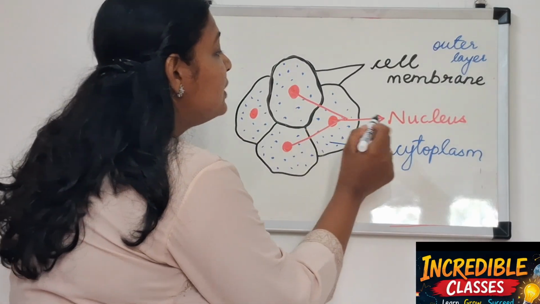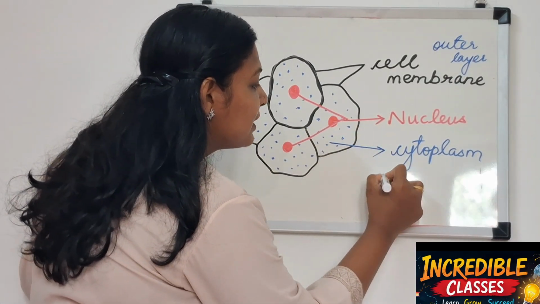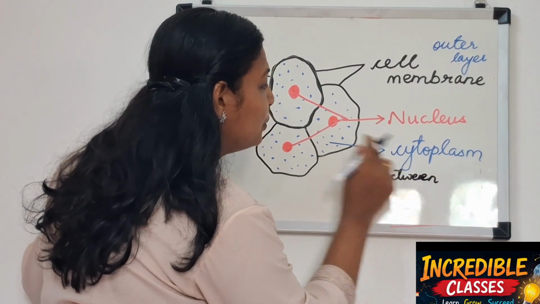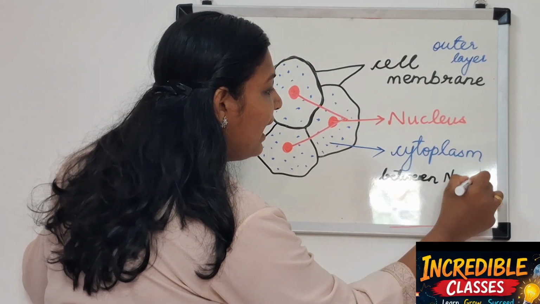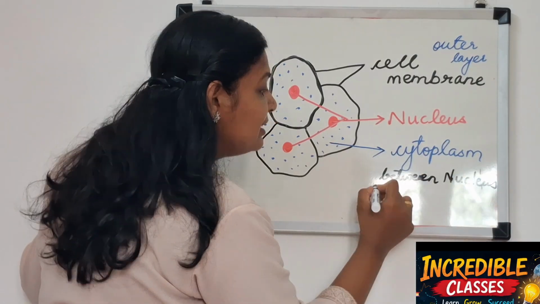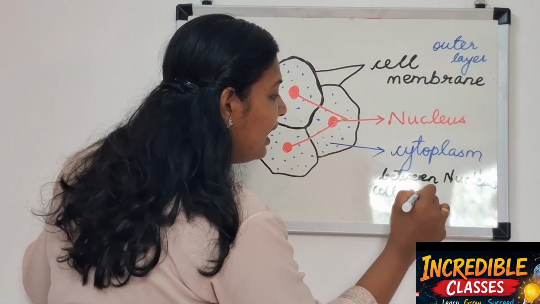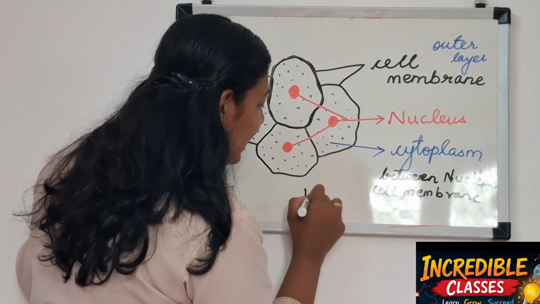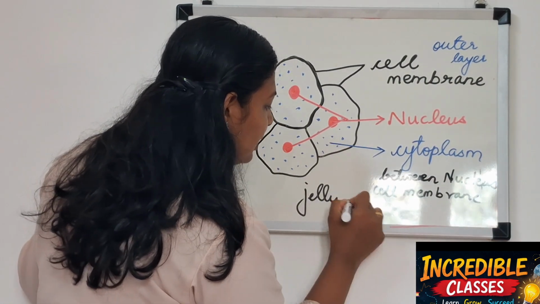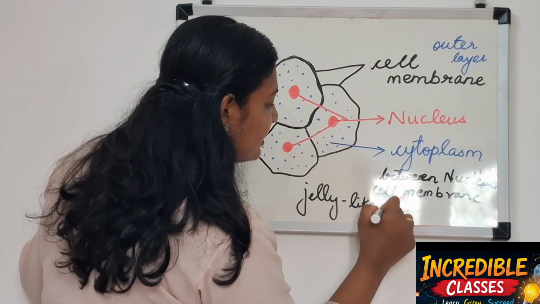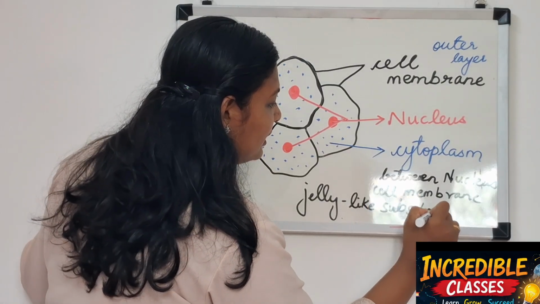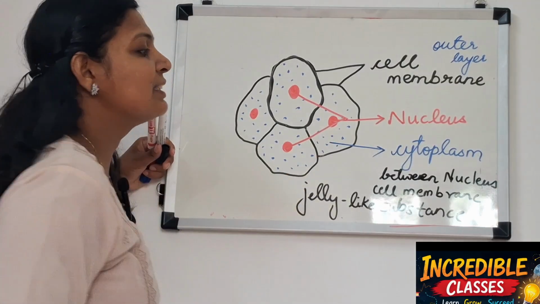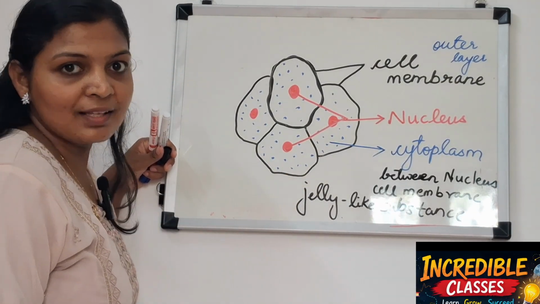It is present between the nucleus and the cell membrane, and it is a jelly like substance. It is filled inside the cell between the nucleus and the cell membrane.